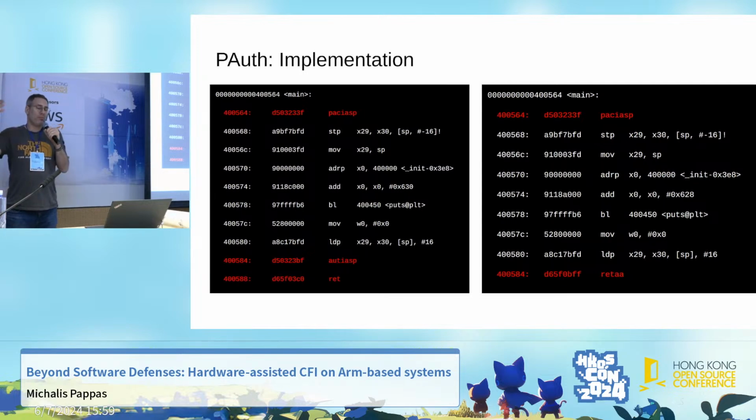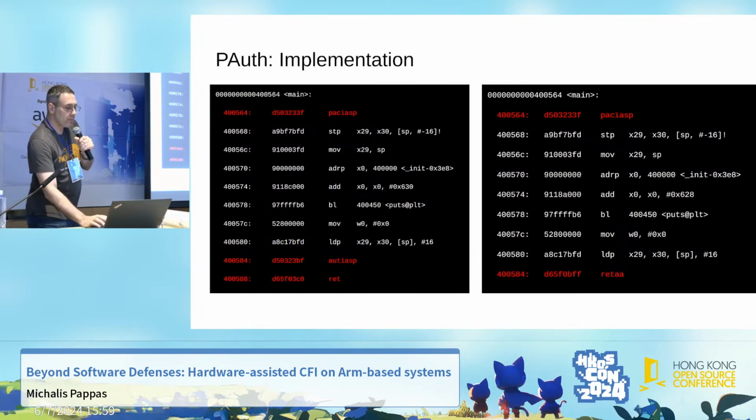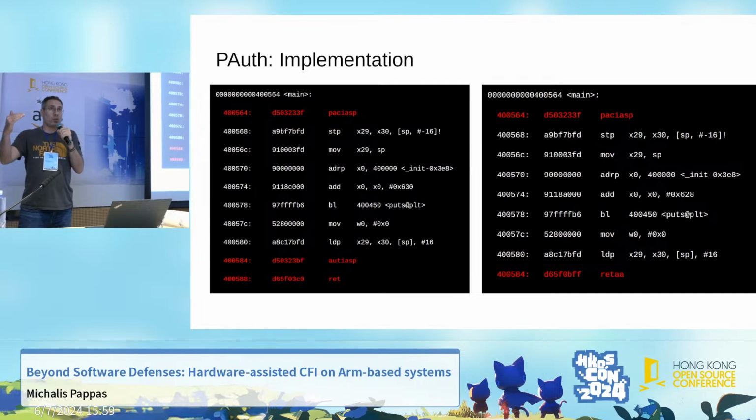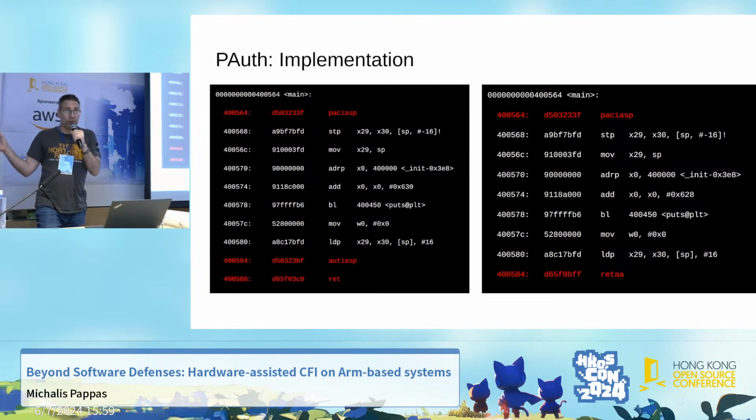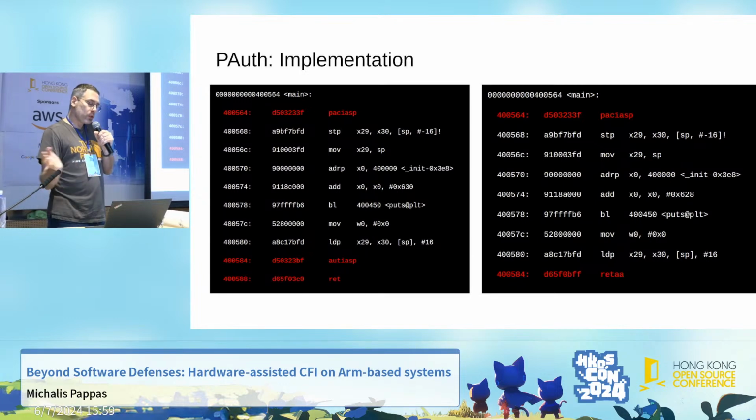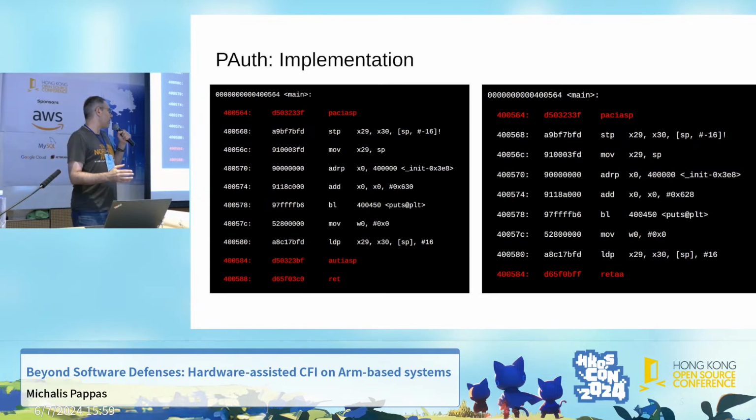Then, of course, the function executes as normal, and before you exit the function, you authenticate the return address, and then you do the return. The only difference with the combined set on the right is that the authentication and the return happen in one combined instruction. Of course, the other difference is that the basic set is, as I said, backwards compatible with older chips, right? The right one is not.